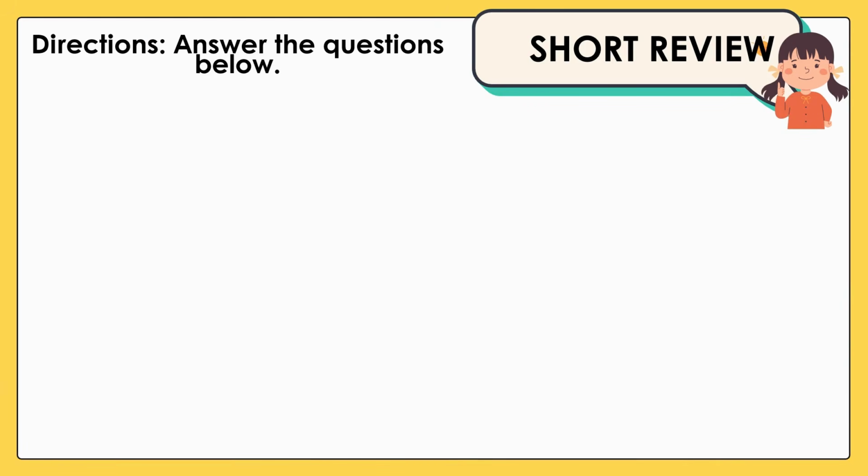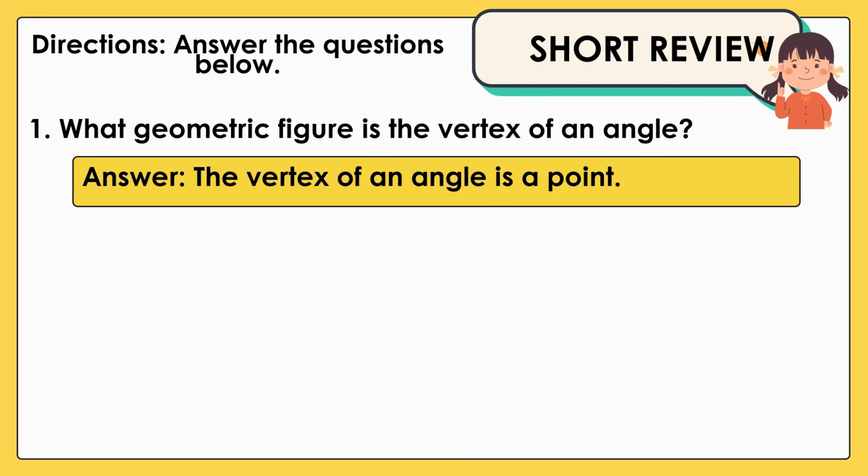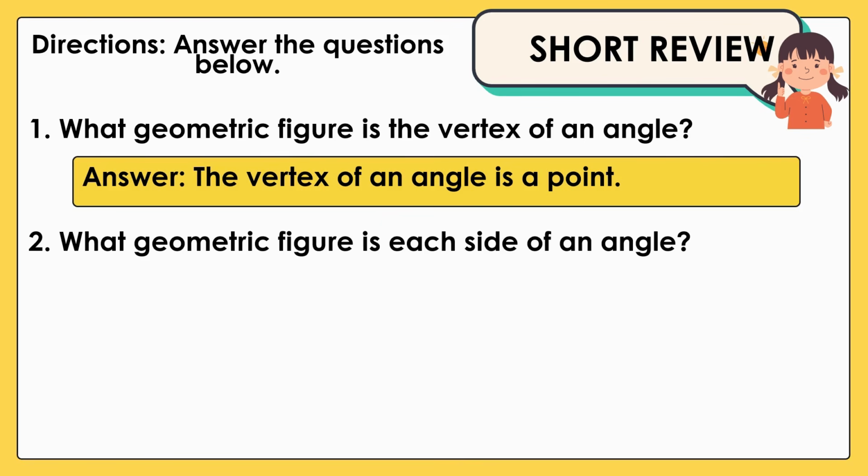Let's have a short review. Number 1. What geometric figure is the vertex of an angle? The answer: the vertex of an angle is a point. Number 2. What geometric figure is each side of an angle?